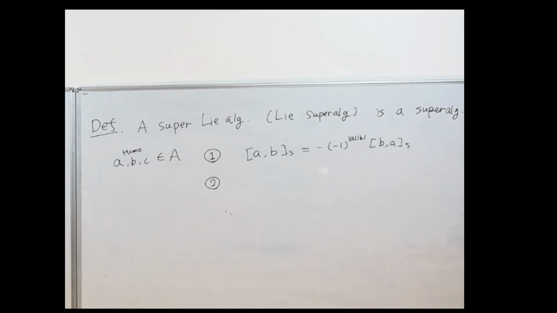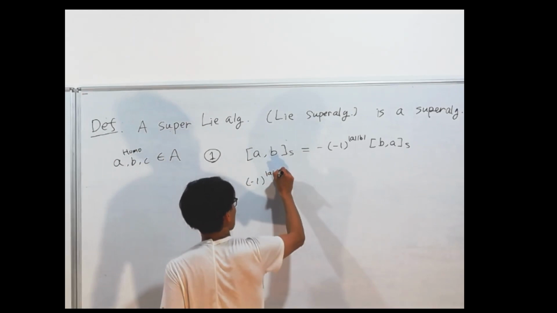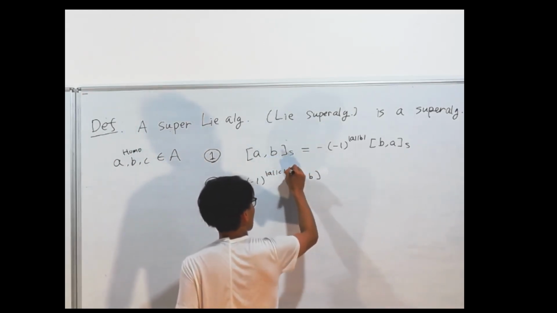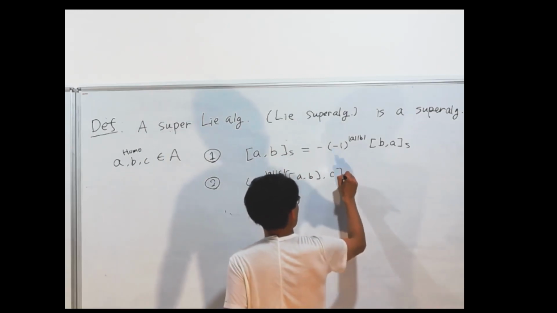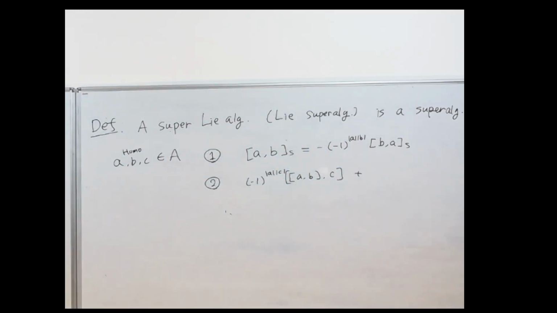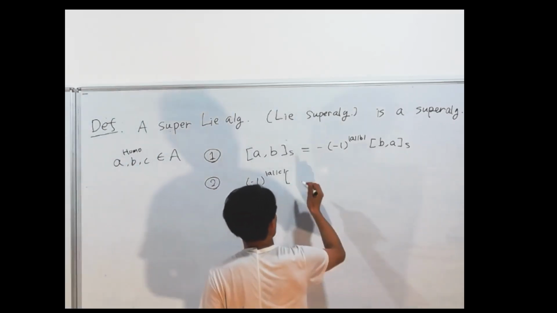So now the super Jacobi identity is going to be C, A, B, and C plus reasonable permutation of ABC. A, C, A, oh, no, sorry. Sign is always important.